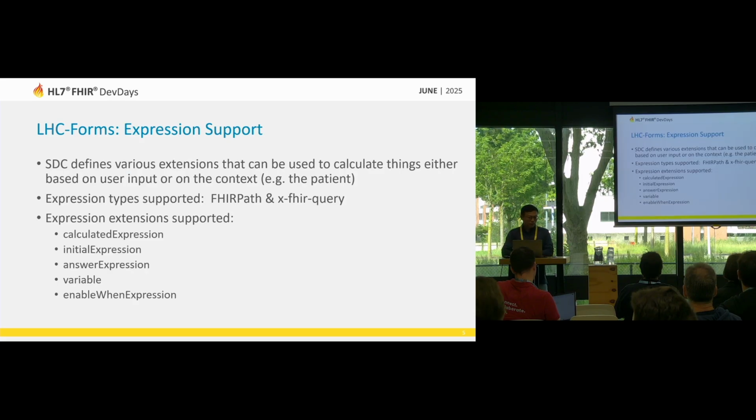For FHIR expression, we support the FHIRPath query and, as listed here, calculated expressions, initial expressions, answer expressions, the variables, and the enableWhen expression. So we're adding more support for the FHIR expression within an SDC questionnaire.